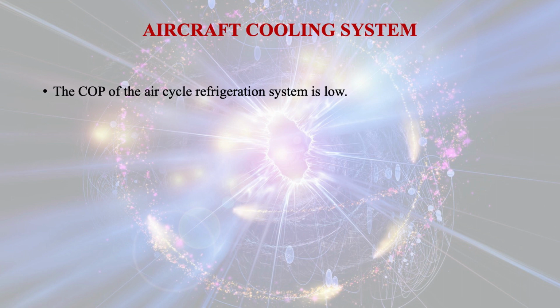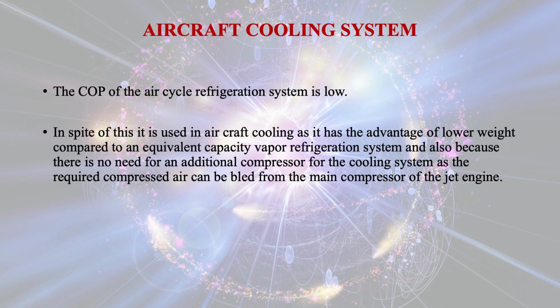The COP, that is the coefficient of performance of the air cycle refrigeration system, is low. In spite of this, it is used in aircraft cooling as it has the advantage of lower weight compared to an equivalent capacity vapor compression refrigeration system.